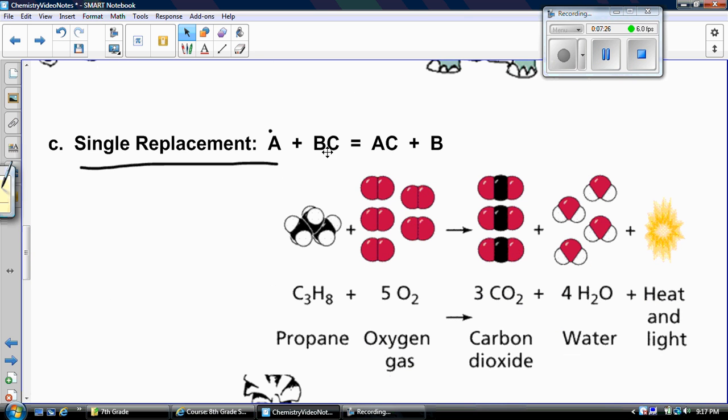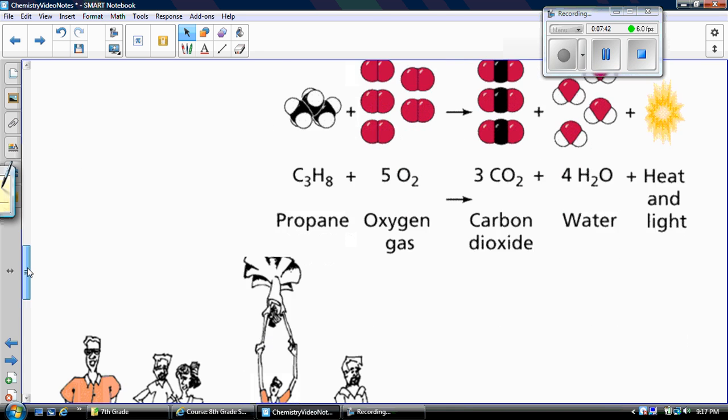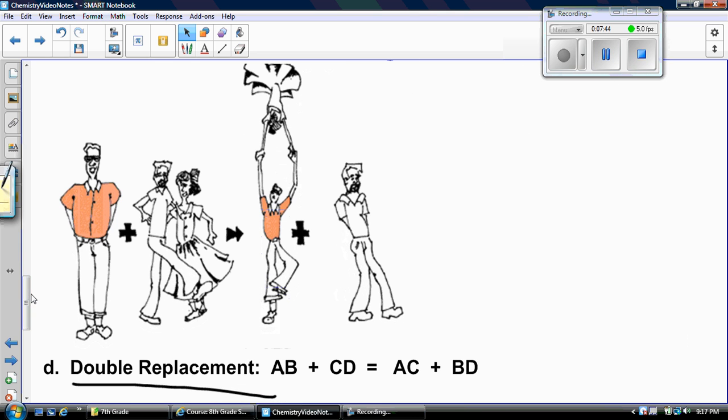Single replacement, and these get a little bit more complicated. An element plus a compound gives you a different compound with a different element. So here is our compound plus our element gives us a different compound and a different element. The example for this one's my favorite.